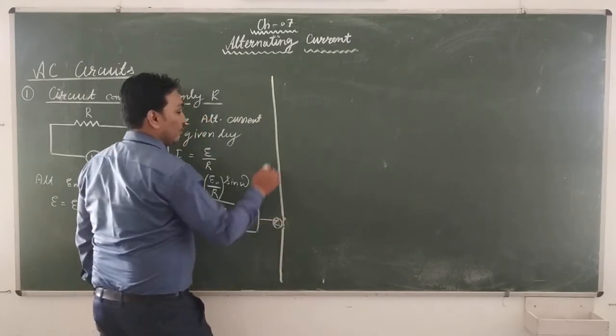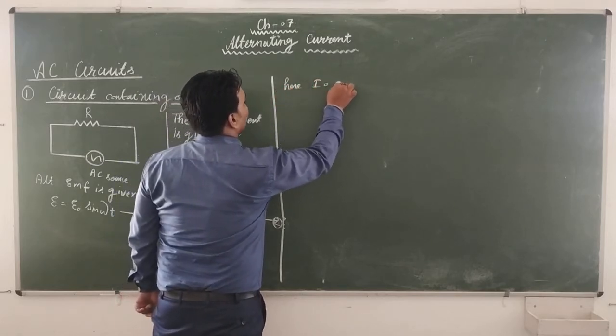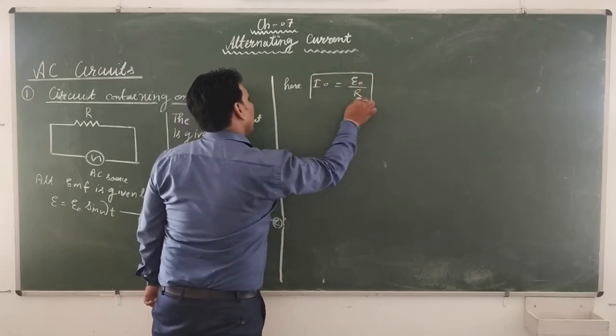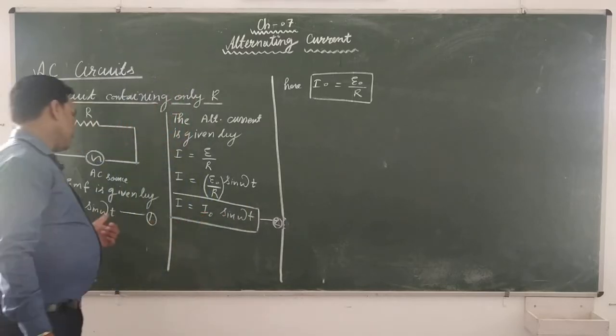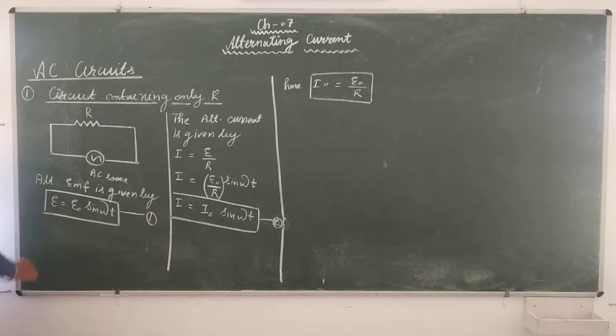Here I0 is equal to E0 upon R. Right? So this is the current, this is the EMF.